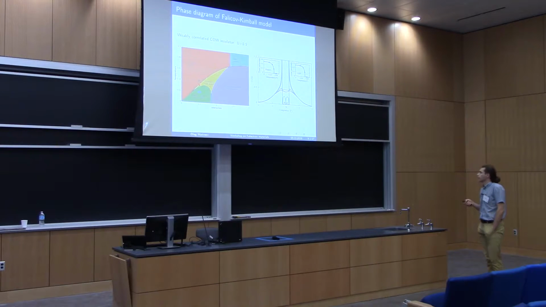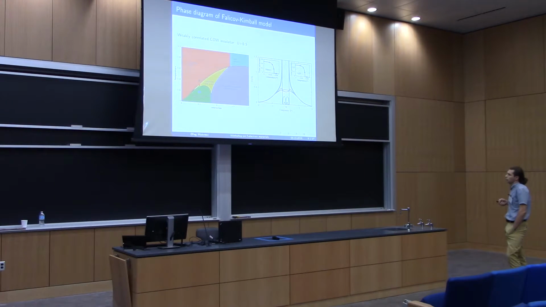So here we have the temperature-interaction plane phase diagram. Here is the uniform phase. So this is the metal, this is the Mott insulator, and this is the charge density wave region. And here we distinguish three different regions. This region is the weakly correlated charge density wave insulator.